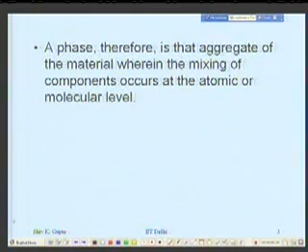Now here I have introduced another term which is called component. You have to understand this word component. Various components have mixed at the atomic or the molecular level.